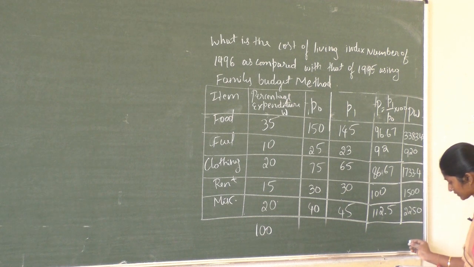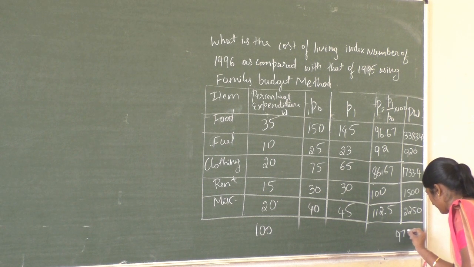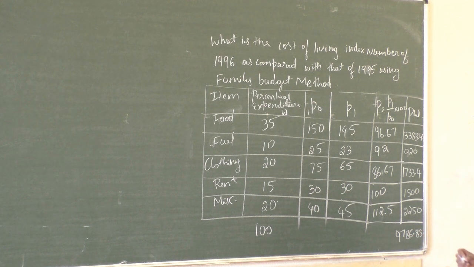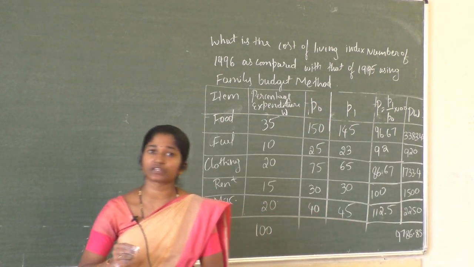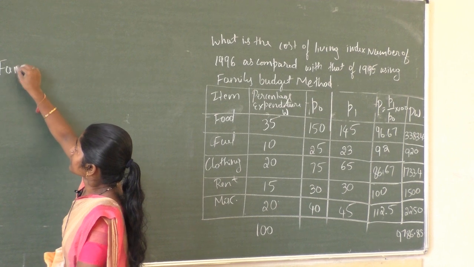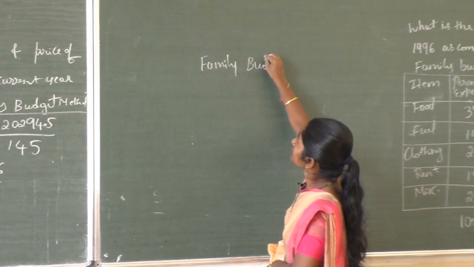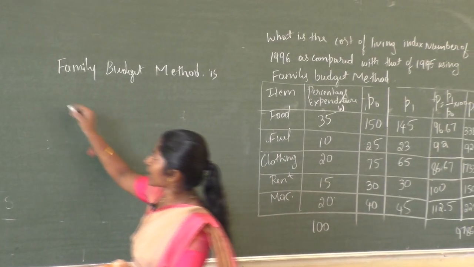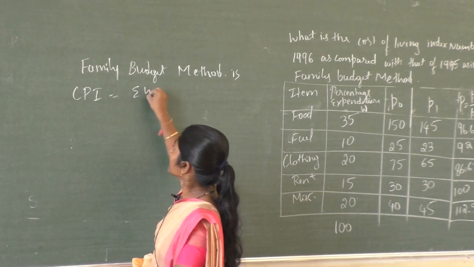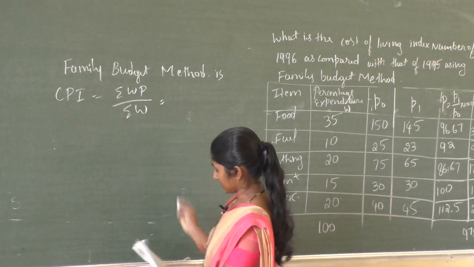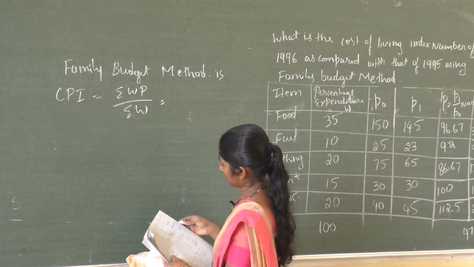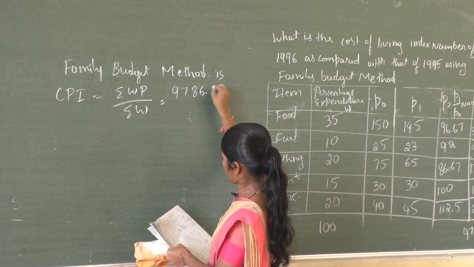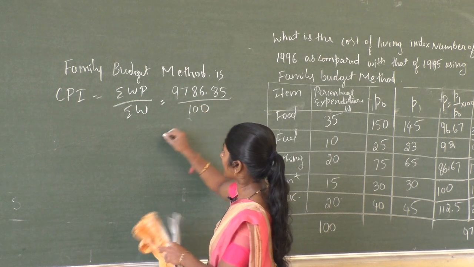Add all these values, you will get the answer 9786.85. Now use the family budget method formula: CPI equals W into P divided by W. Our total value 9786.85 divided by 100.